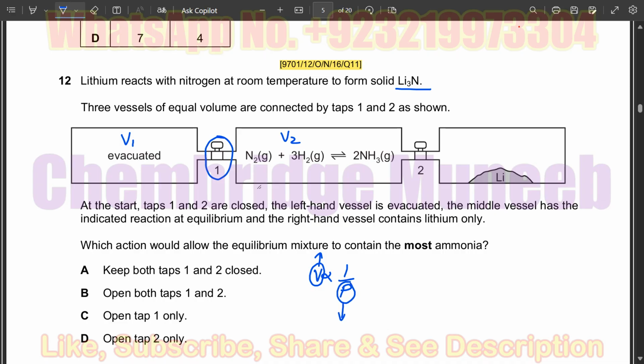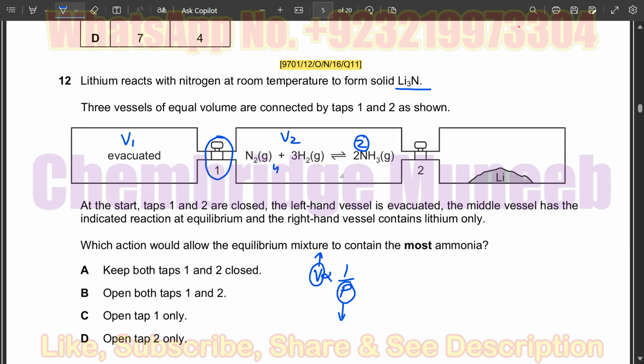The pressure on this system will decrease, and according to this equation, there are 2 moles on the right and 4 moles on the left. So there is less pressure on the right. If we increase the volume by opening tap 1, then pressure will be reduced.